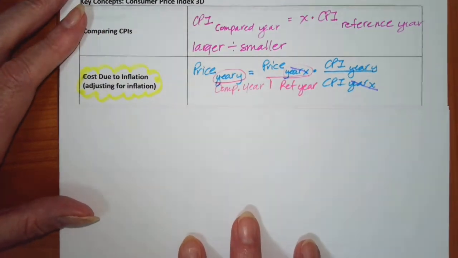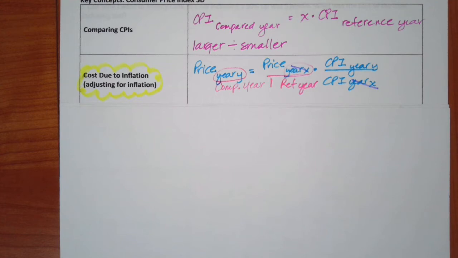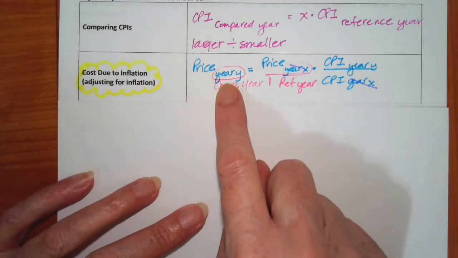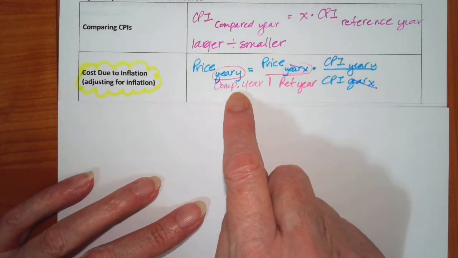Okay. All right, so you're going to need to know this formula, the cost due to inflation. If a car sold for $20,000 in 2000, what would be its equivalent cost today due to inflation? Okay, so you're going to look at your price in your compared year.